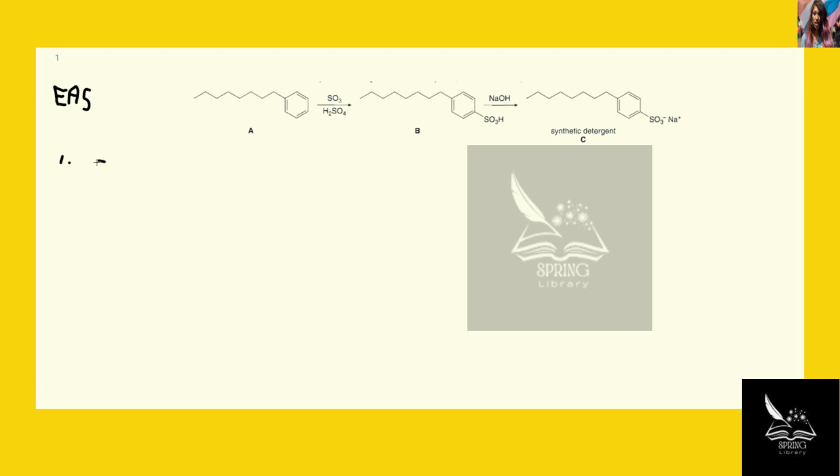The reagents we have are SO3, so let's draw that, and we have hydrochloric acid, so we can draw that something that looks like this. We need to form our electrophile, and our electrophilic species is going to be this molecule here.